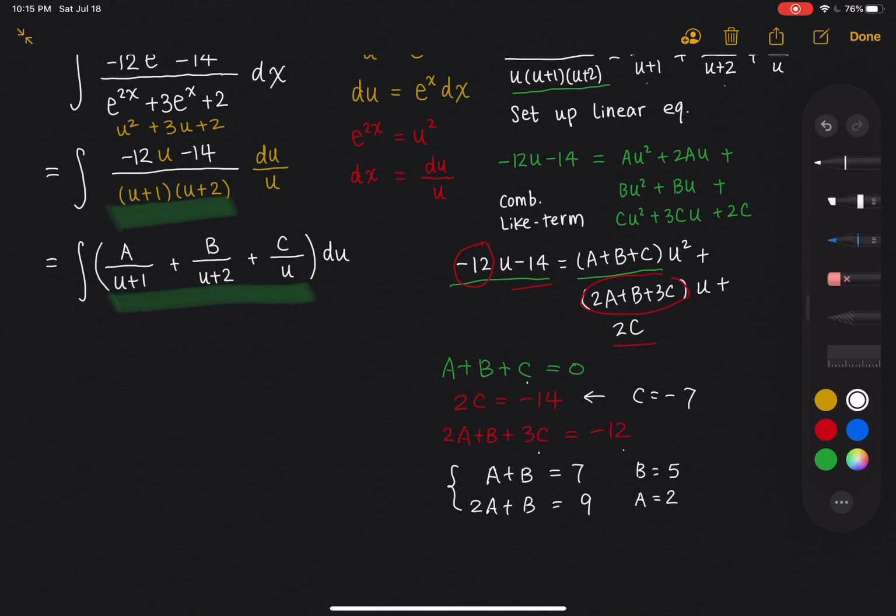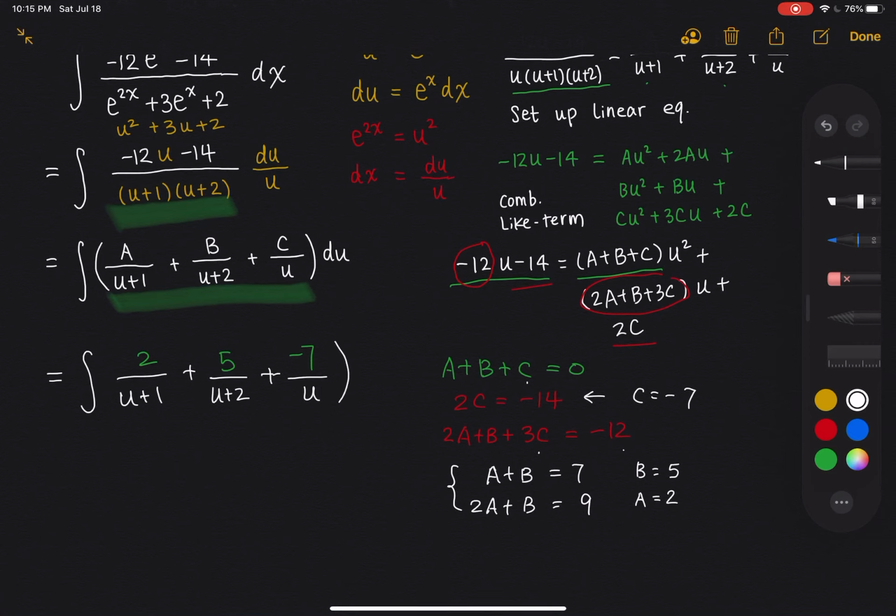And if you're not sure, you can just go here and check it, plug it in. a is 2, b is 5, c is negative 7.